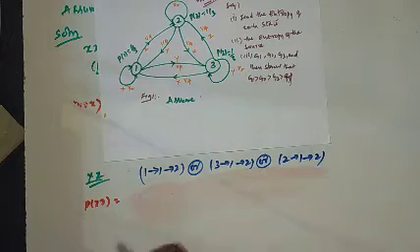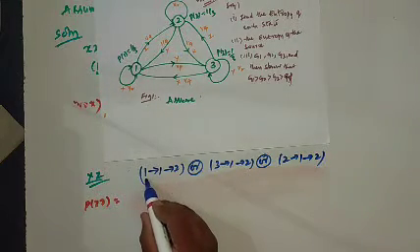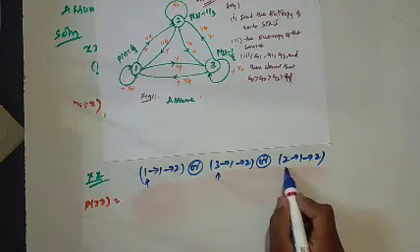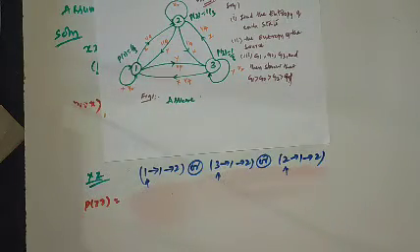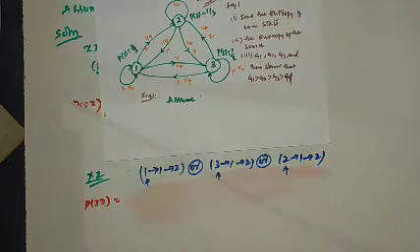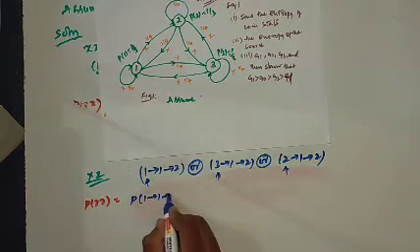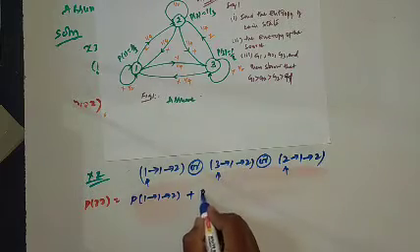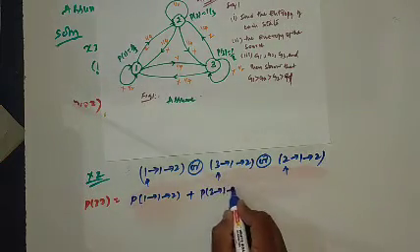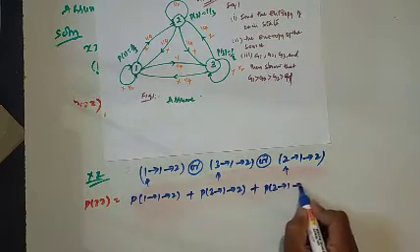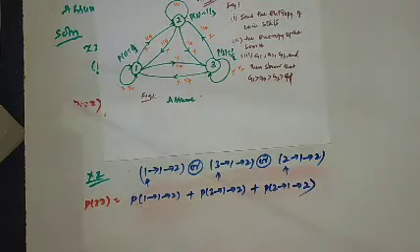See that, cross check the probability of occurrence of 1, the probability of occurrence of 3, and probability of occurrence of 2. Means every time 1, 2, 3 should be there. If it is not coming, you have gone wrong somewhere. So you will write probability of 1 to 1, then to 2, plus probability of 3 to 1 and then to 2, plus probability of 2 to 1 and then to 2. Okay.